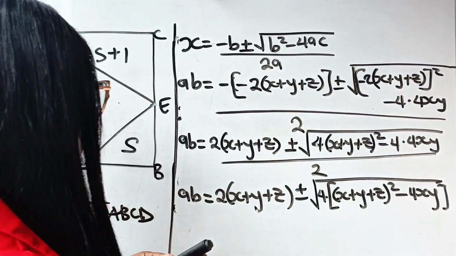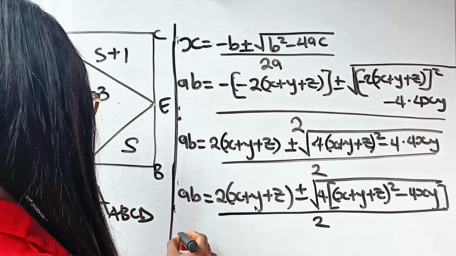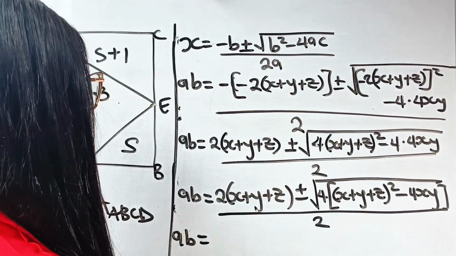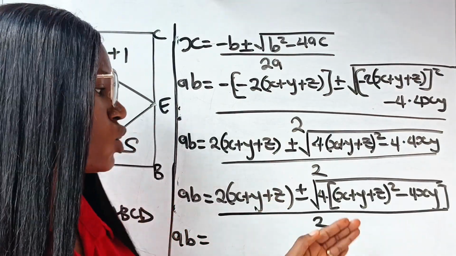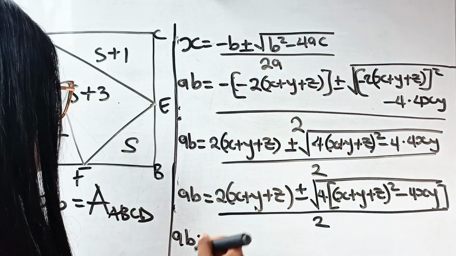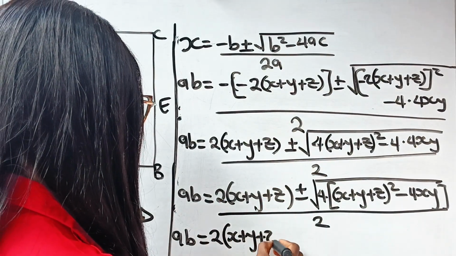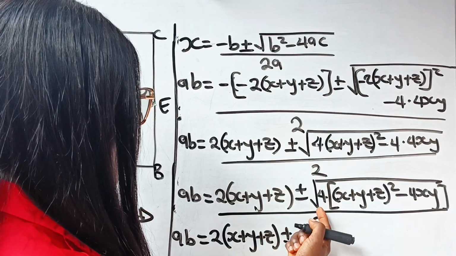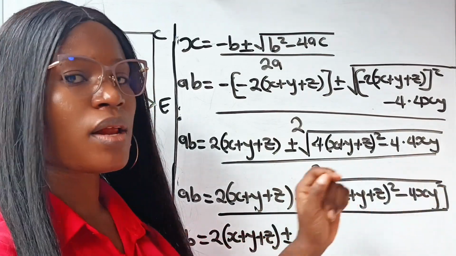Everything divided by 2. So we have ab is equal to, because of time, I will try to skip some steps, which I believe you would understand. This is still 2 brackets x plus y plus z plus or minus the square root of 4 and the square root of this remaining part.